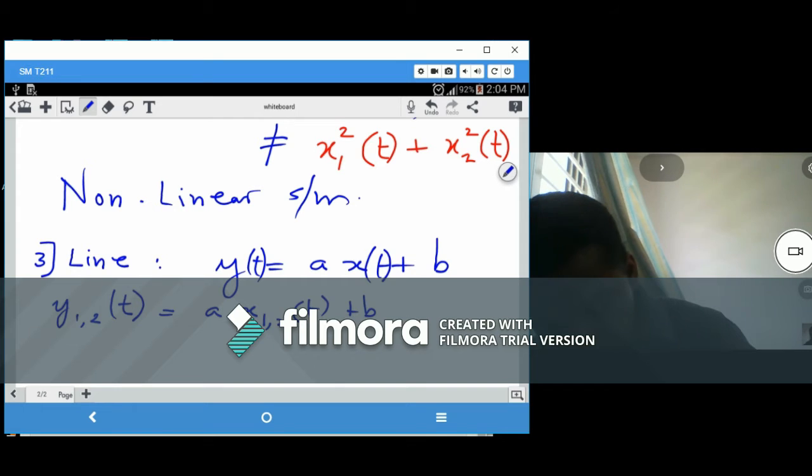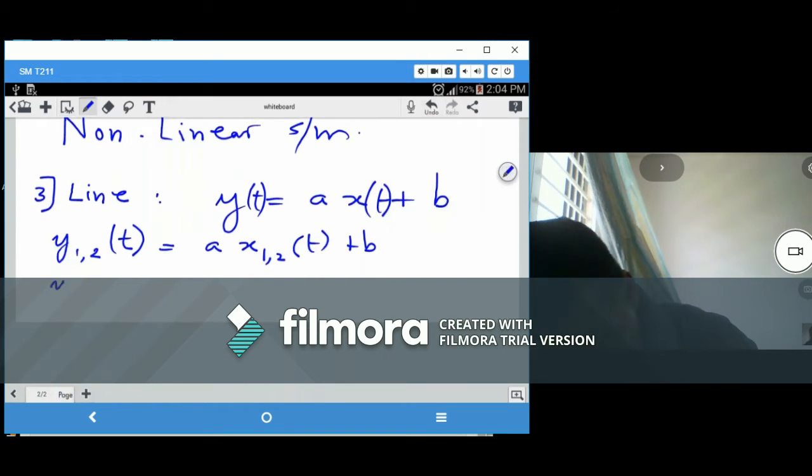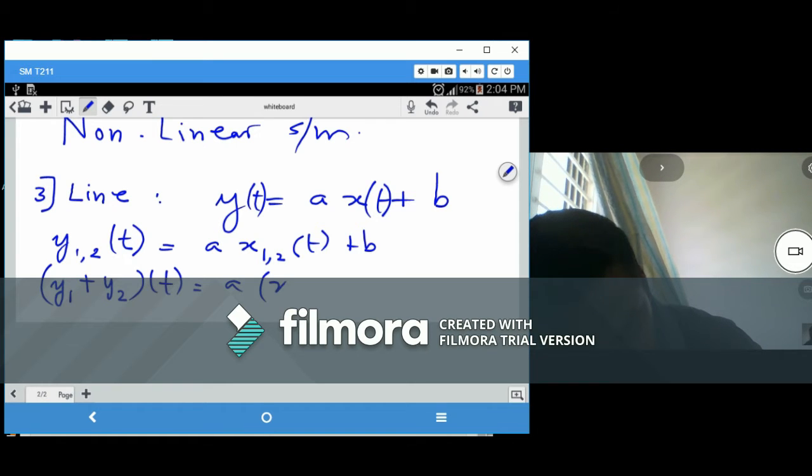So this implies that if I add y1 plus y2 from these two equations, I should get a times x1 plus x2 of t plus 2b.